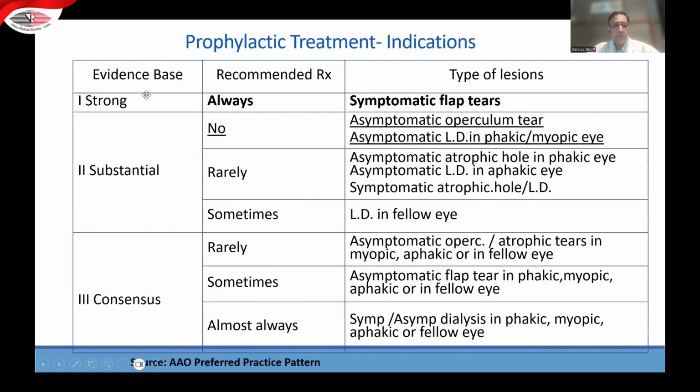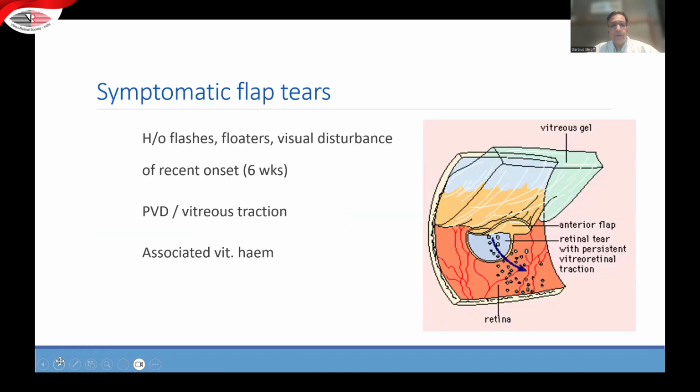So again, if you go through this slide, if they want to see the evidence-based, strong evidence always is symptomatic flap tears. But other things we don't need to really treat, but keeping a very close watch may be important. And symptomatic patients always keep a close watch, irrespective of what happens. Even if you treat it, you need to keep a close watch, see them after a couple of weeks, and then add more laser if required.